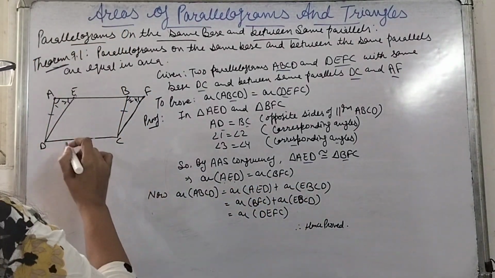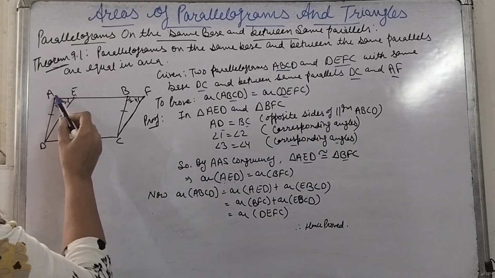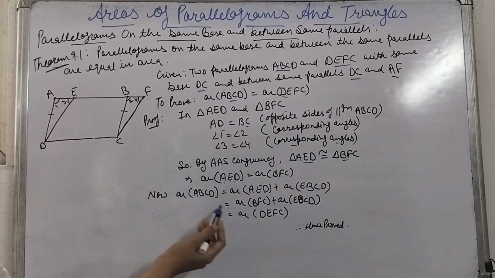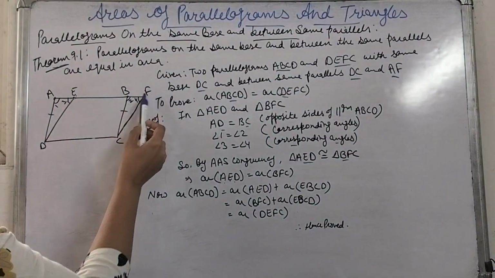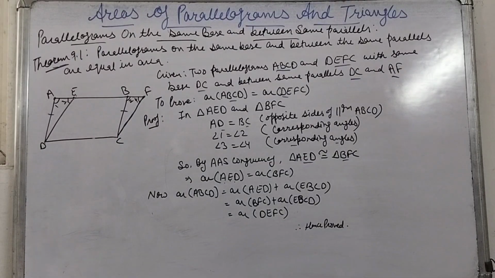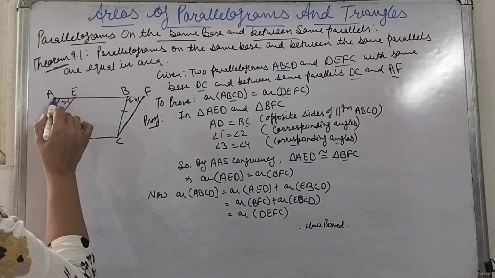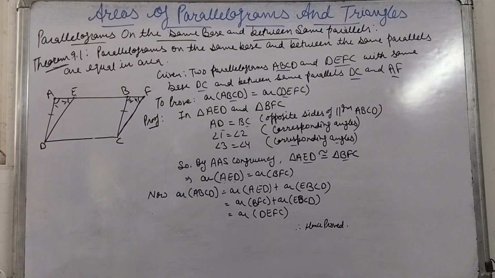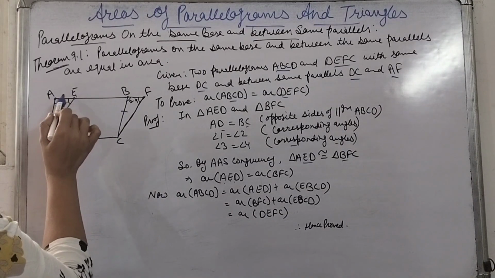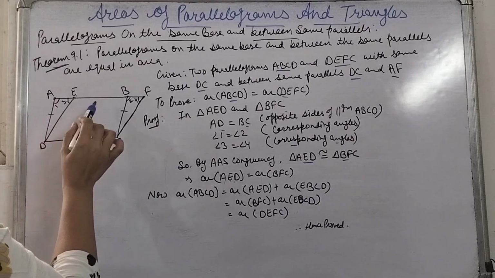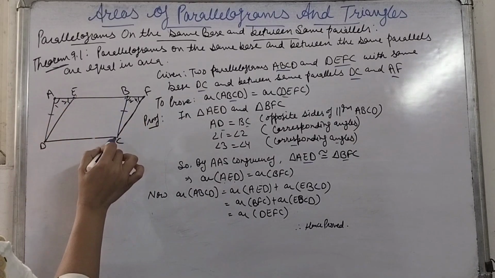Now what we have to prove is that area of parallelogram ABCD is equivalent to area of parallelogram EFCD. So we will be taking area of parallelogram ABCD. It could be written as area of triangle AED plus area of EBCD.